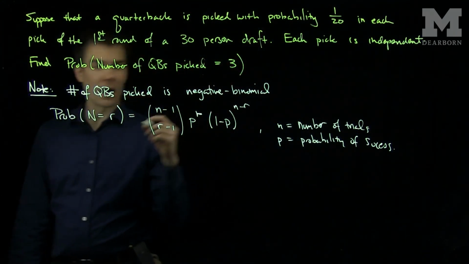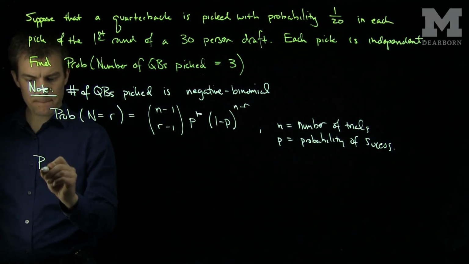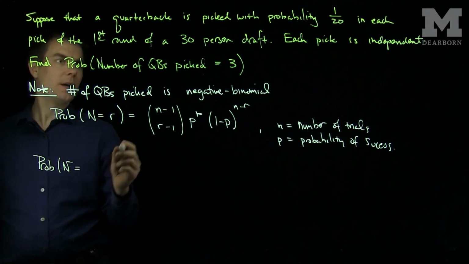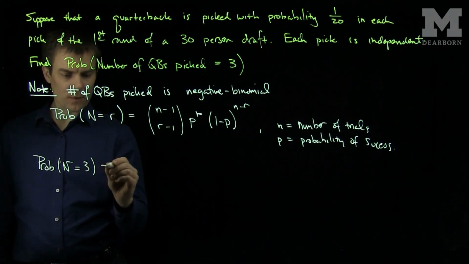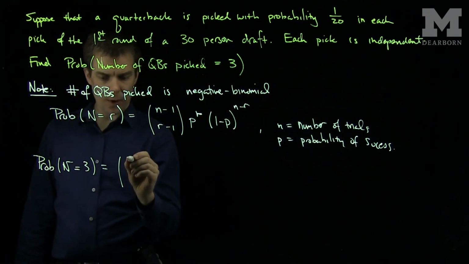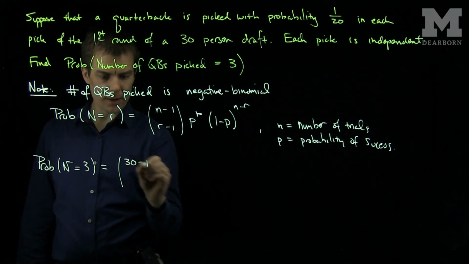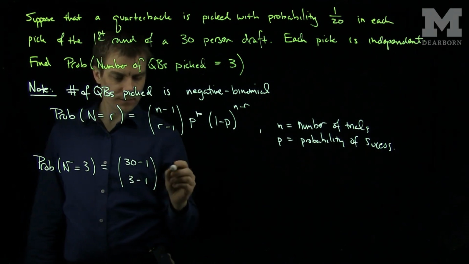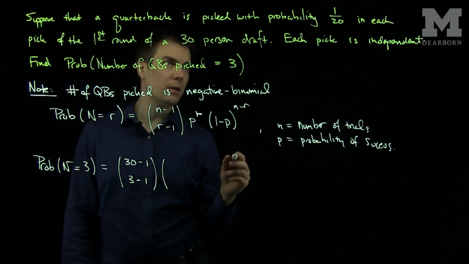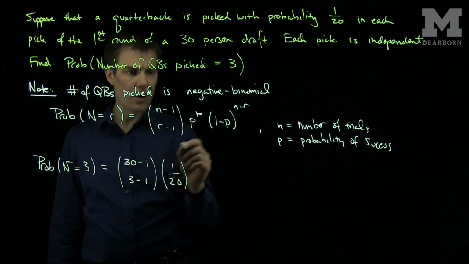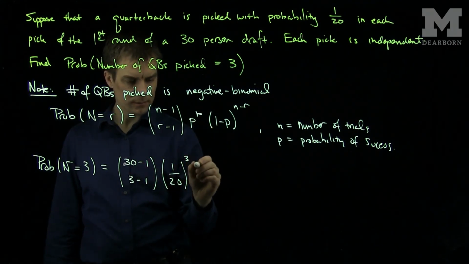So for our problem, the probability that the number of quarterbacks chosen is equal to 3 will be, my number of trials is 30, so I'll have a 30 minus 1 choose 3 minus 1. The probability of selecting a quarterback is 1/20 to the power r, in this case 3.